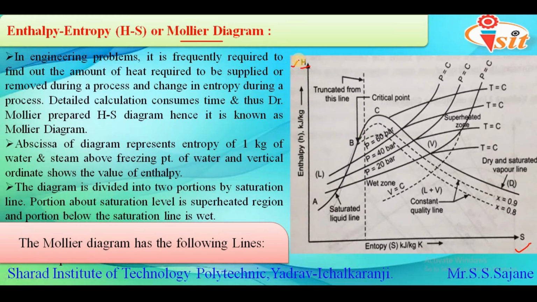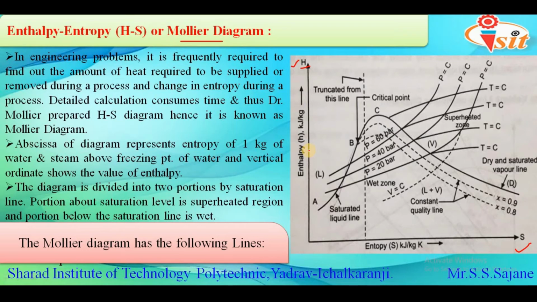This chart is very important in case of engineering problems, because many times it is necessary to determine the amount of heat required which is to be supplied or removed from the system whenever there is a change in entropy during the process.